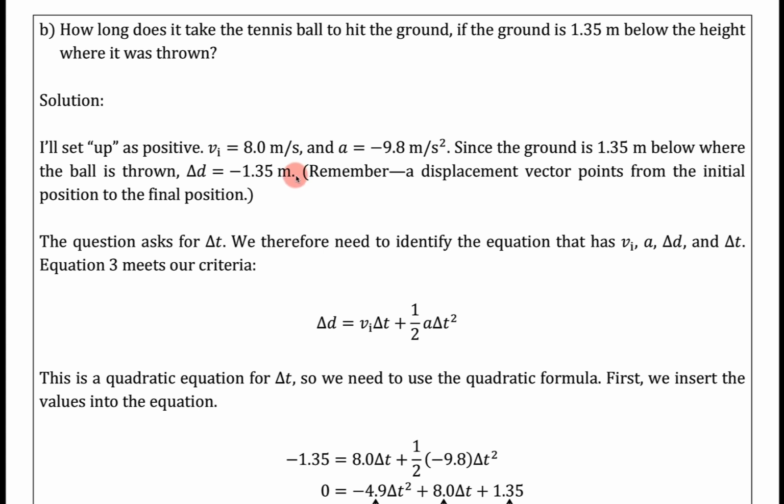Okay, so we have Vi, a, delta D. The question asks for delta T. And so we need to identify the equation that has these four variables. That is equation 3.